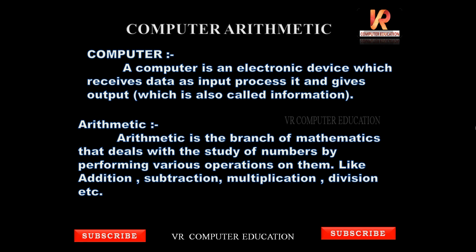We have different types of numbers, and on those numbers we do different operations like addition, subtraction, multiplication, division, etc. When you perform these operations on numbers, we get different numbers, and that is what is done in arithmetic. It's a branch of mathematics.